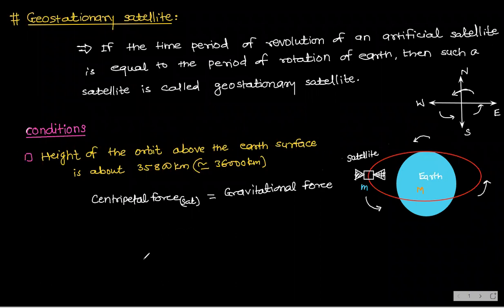Now, what is the centripetal force formula? Who will tell me? Yes, anyone? Centripetal force ka formula? mv square by r. Very good. But here it is mv square divided by r plus h, yes? Because from the center to the satellite it is r plus h. Agree with me?